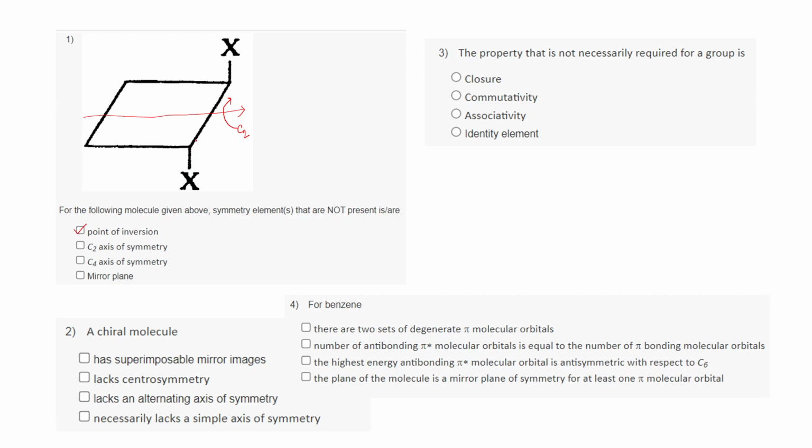So I think C2 is there. Suppose these are x1 and x2, they are the same. After C2 this is what it will look like. Yes, okay, C2 is there. What about C4? Is C4 there? C4 means 90 degree rotation, right?